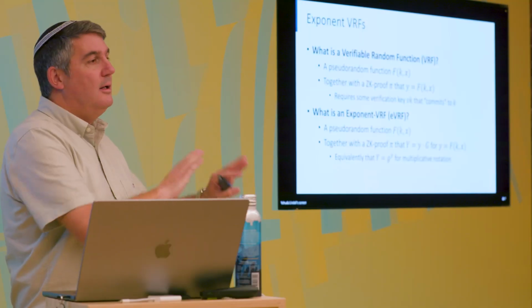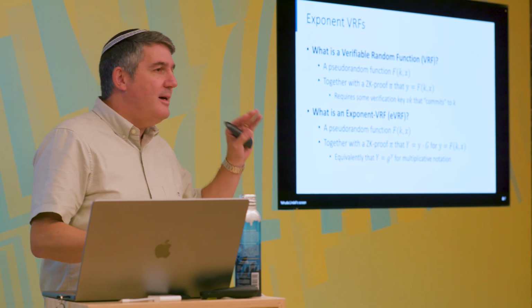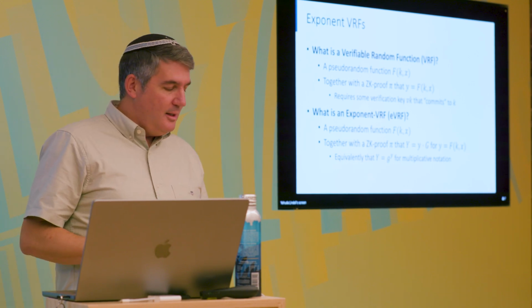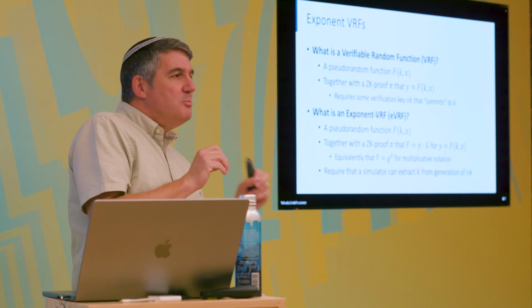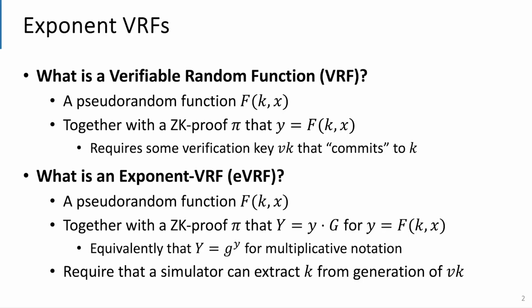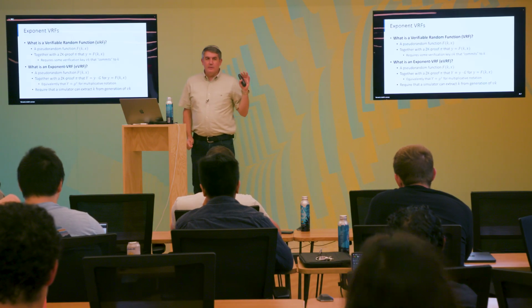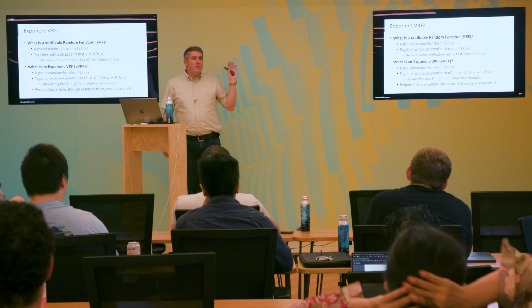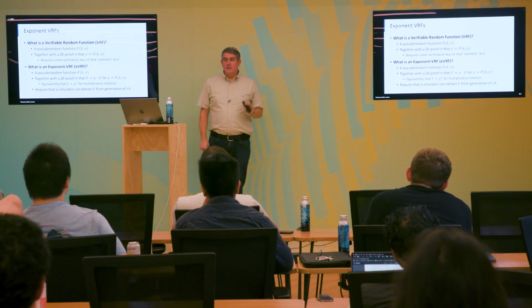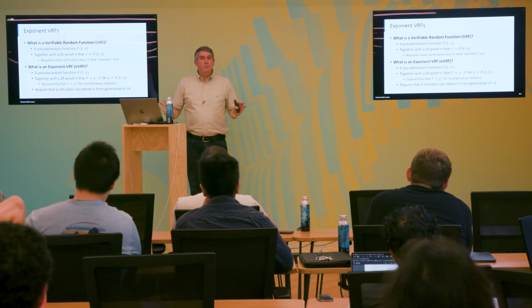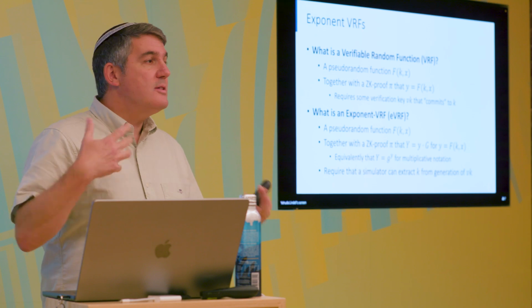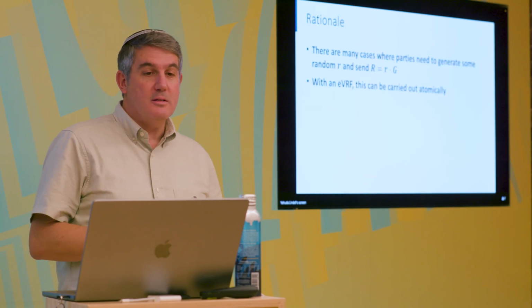Right? This is not a complicated primitive. It doesn't have a complicated definition. There are some small additional details, like you want a simulator that can extract the private key during the generation of the verification key, but you can pretty much imagine that is not very difficult to do. Some sort of zero-knowledge proof of knowledge, and it's only during the generation phase. Okay, very simple primitive, but it turns out you can do lots and lots of stuff.